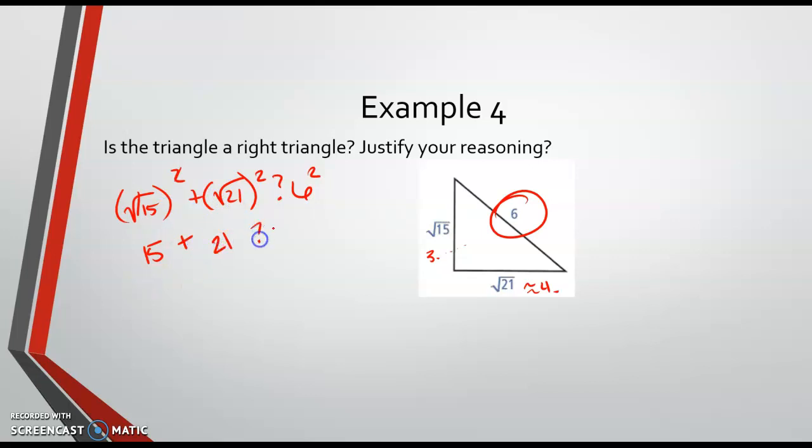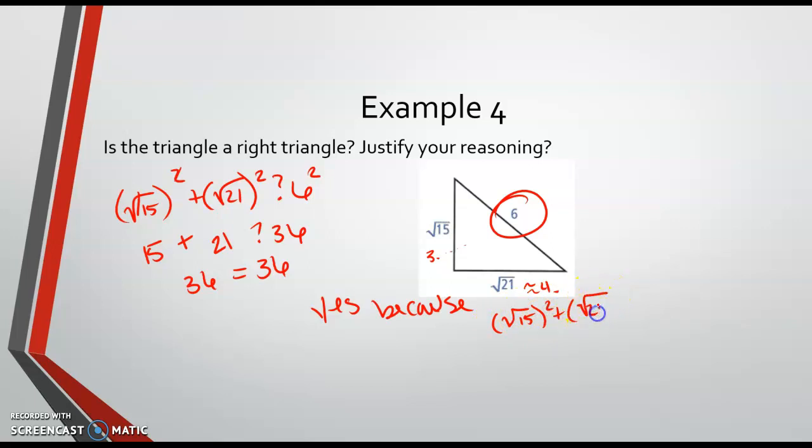And that equals 36. 15 plus 21 is 36. So yes, this is a right triangle because square root of 15 squared plus the square root of 21 squared equals 6 squared.